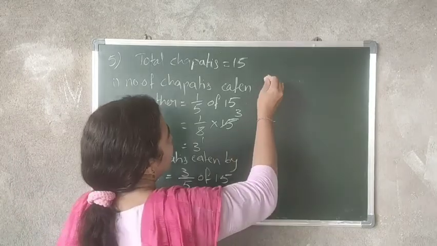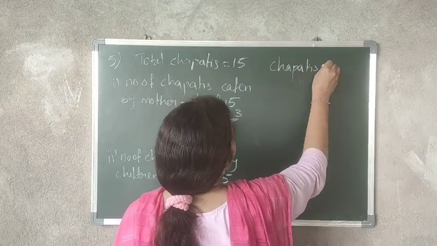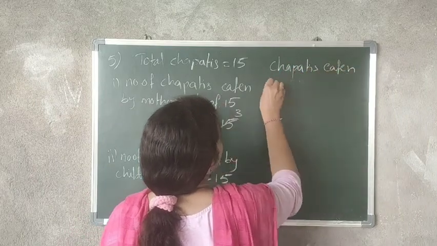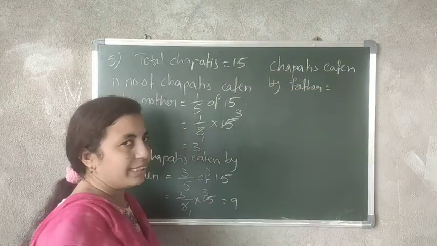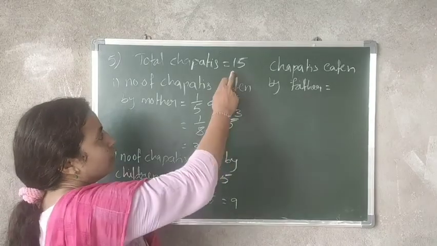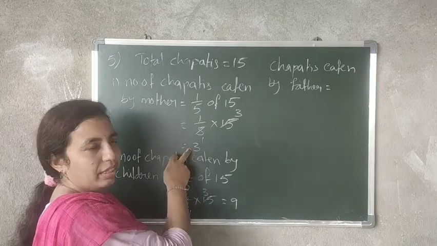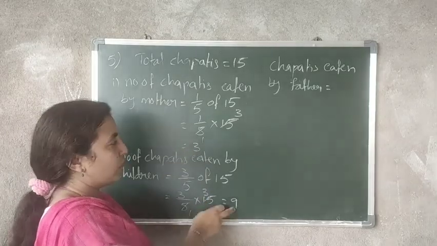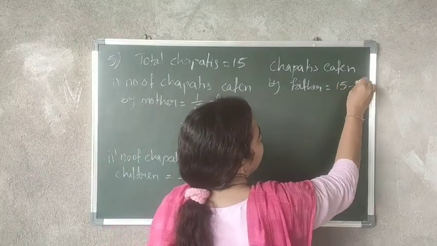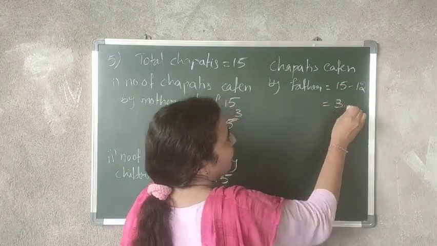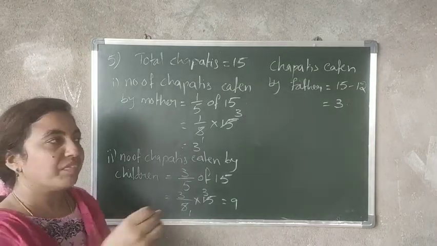Now, chapatis eaten by father. See, total 15. From that, mother ate 3, children ate 9. Totally, how many did you eat? 12. So, chapatis eaten by father is 15 minus 12, nothing but 3. Father has eaten 3. But we have to write the fraction of chapatis.